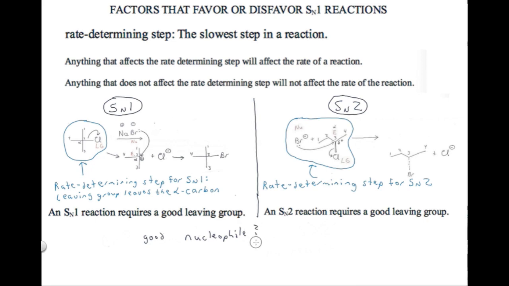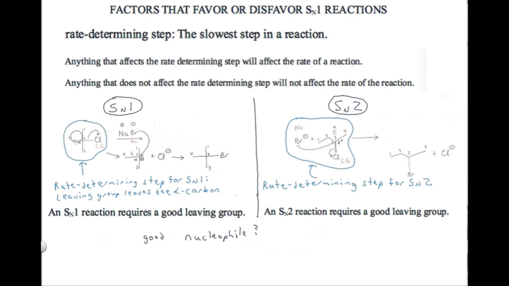Please pause the video and try to determine, does an SN1 reaction require a good nucleophile? I hope you paused and thought about that. I hope you thought about that by trying to apply the rate-determining step. What you should have asked yourself is, does the nucleophile participate in the rate-determining step for an SN1 reaction? Well, does it? And the answer is no.